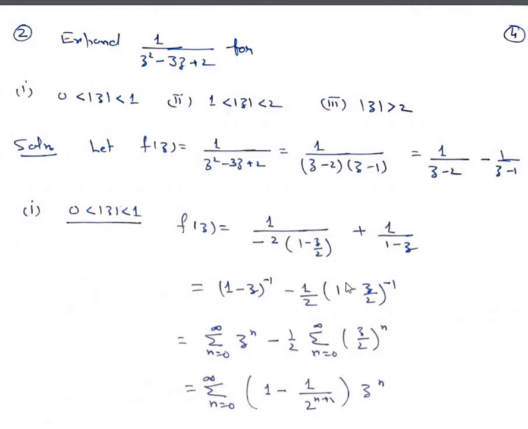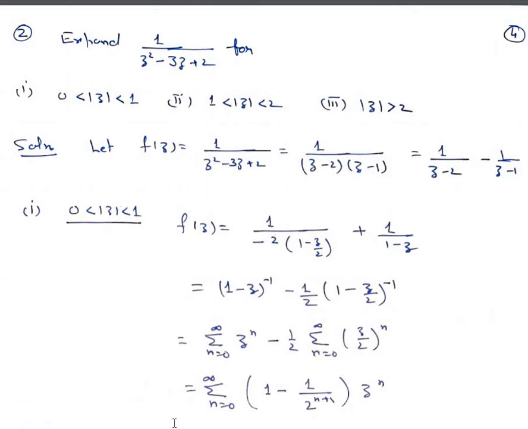So we can write it as (1 − z)^(−1) − ½(1 − z/2)^(−1), and now expand it, so we get 1 + z + z² and so on, which can be written as Σ n = 0 to infinity z^n. And similarly expanding this, we can write it as −½ Σ n = 0 to infinity (z/2)^n.